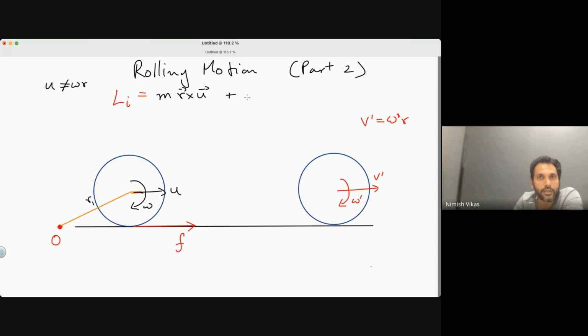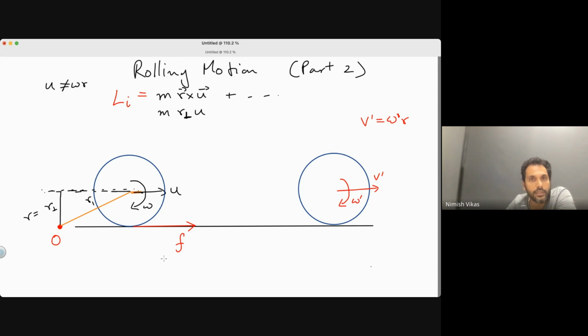The second part still remains, which is M R perpendicular times U, right? And what is R perpendicular? Perpendicular distance between the point of consideration and the line of U. So if I complete the line of U, then this is R perpendicular. Fortunately, that is the radius of the circular body, or not?